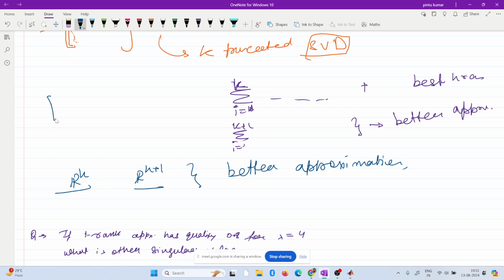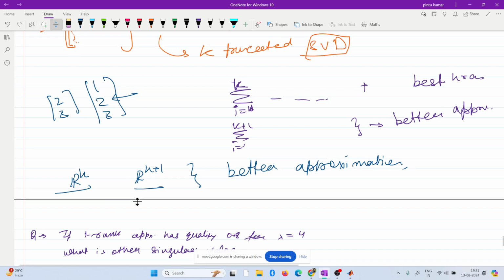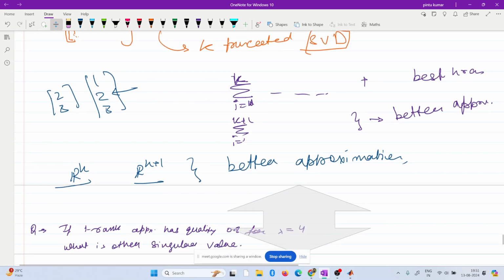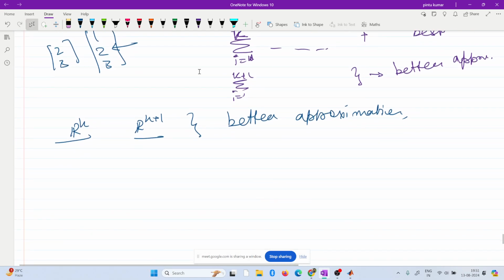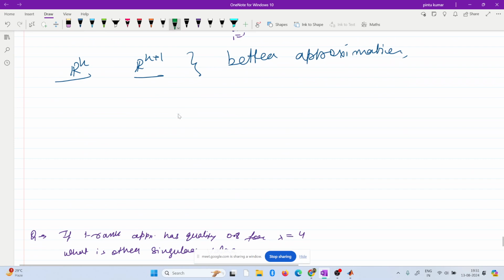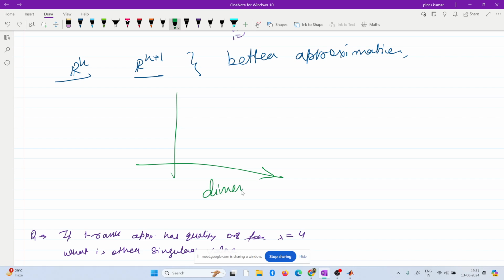So if you have, let's say, a two-dimensional embedding and a three-dimensional embedding, then the three-dimensional embedding should be able to capture more information, and that's why it should be better. But empirically, when they looked at it, let's say you have this axis as your dimension and this axis as your quality.